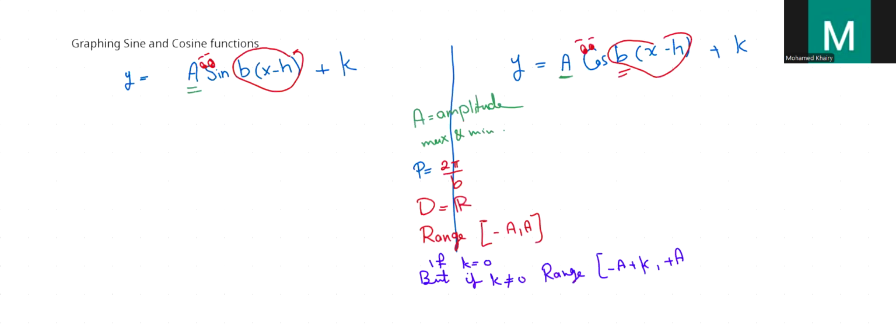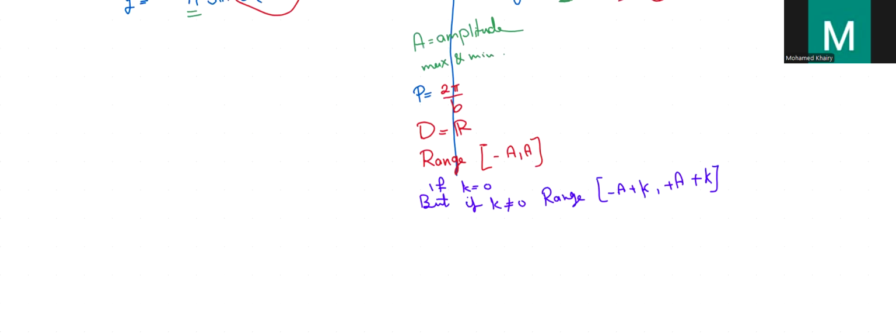Finally, we have something called the midline. That means the line in the middle, simply the mean. So the midline is the equation y equals k.